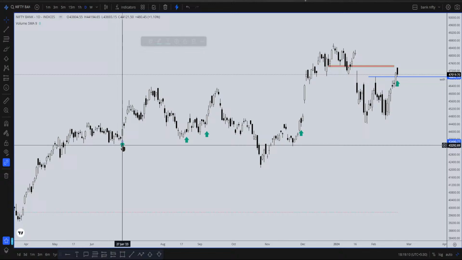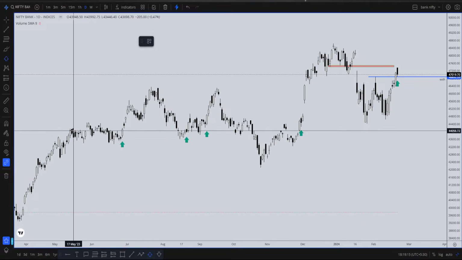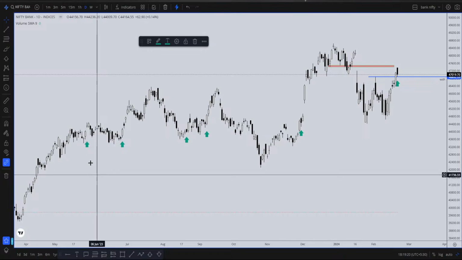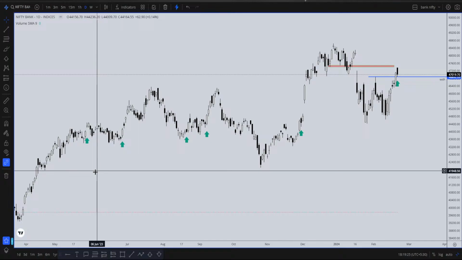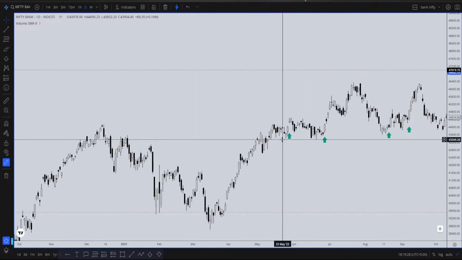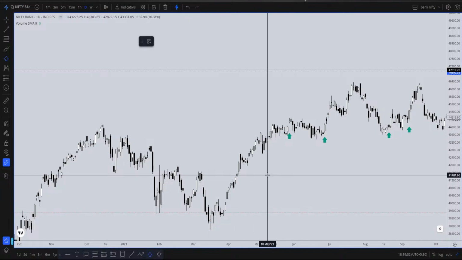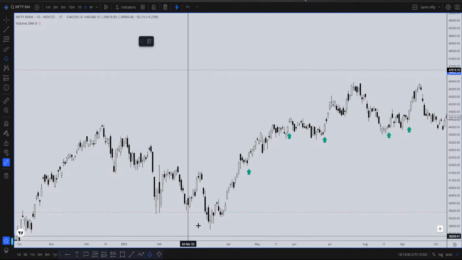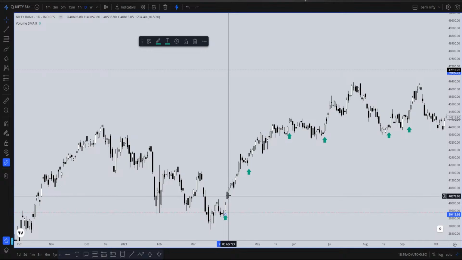Over here it has also broken out, but with the help of a gap. Here, definitely here, but it has broken out with the help of a gap.